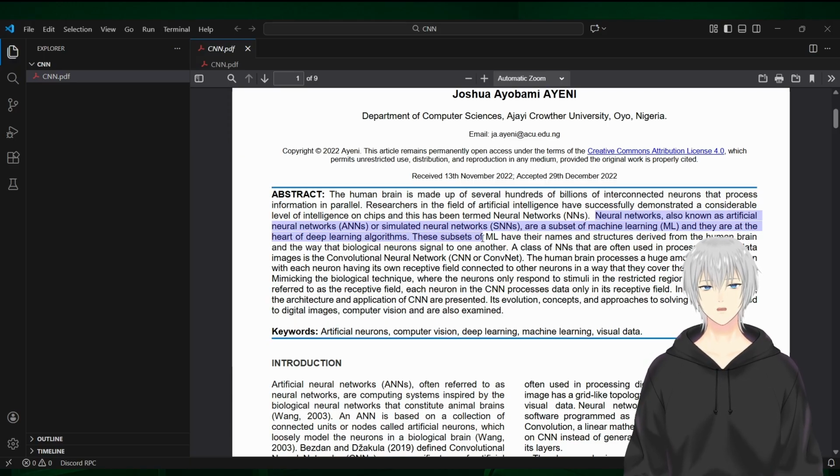These subsets of machine learning have their names and structure derived from human brain and the way that biological neurons signal to one another. A class of neural network that are often used in processing digital data images is convolutional neural network CNN or ConvoNet.